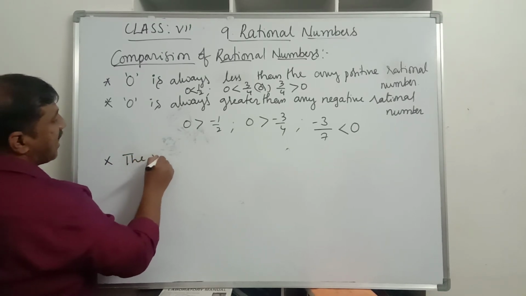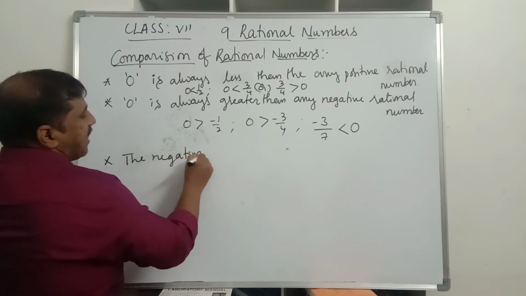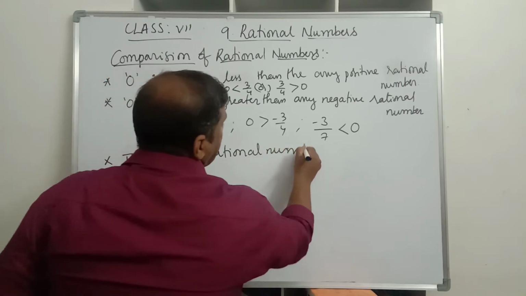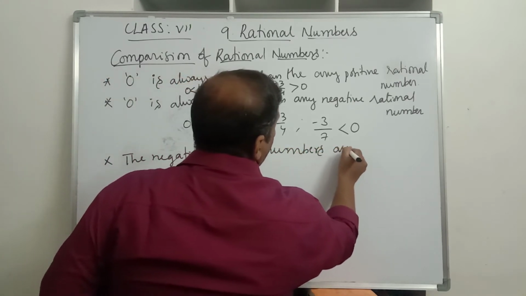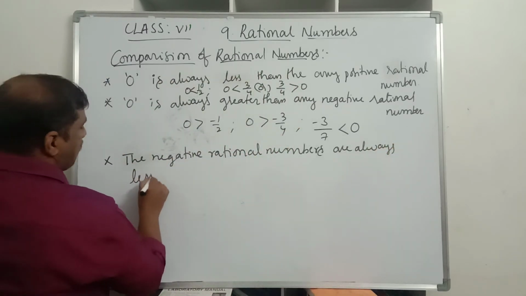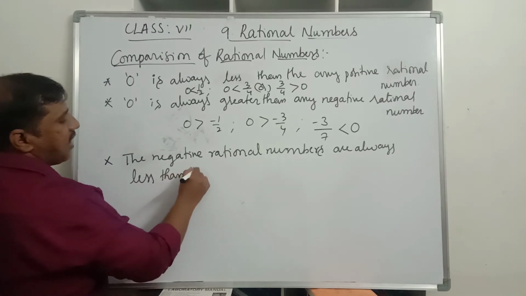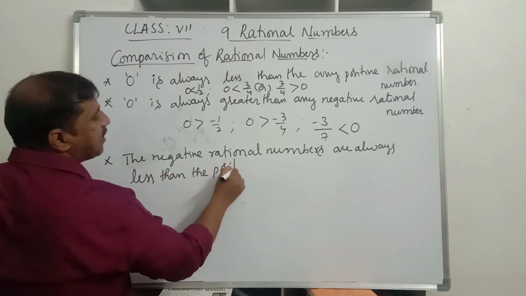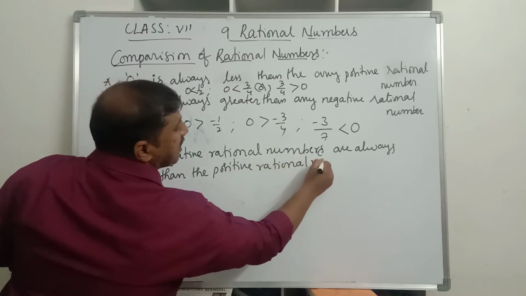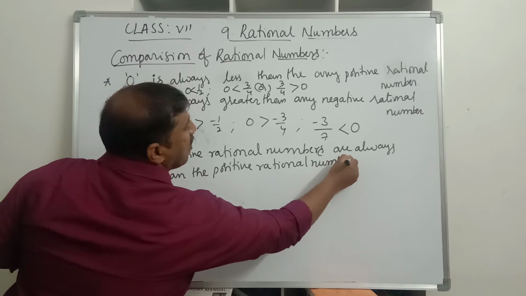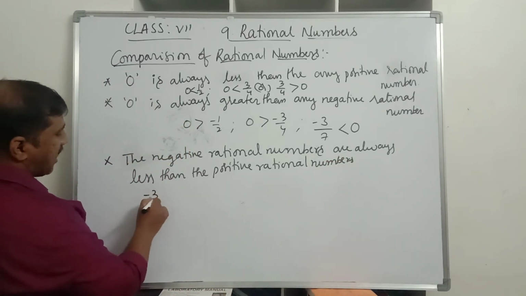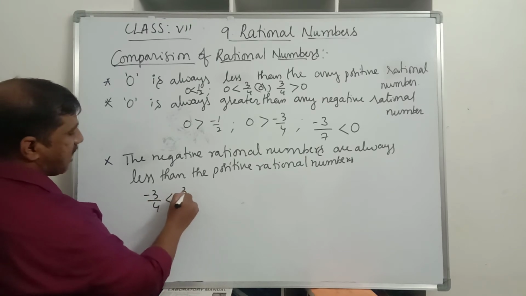Negative rational numbers are always less than the positive rational numbers. For example, minus 3 by 4 is always less than 3 by 4.